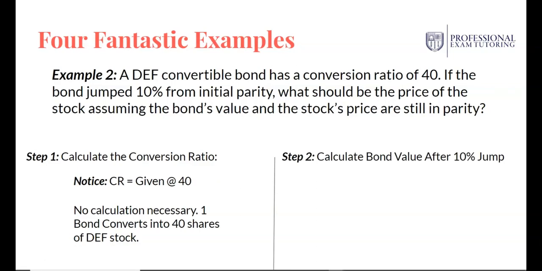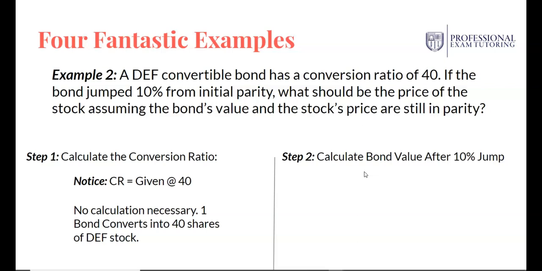Okay then, so the next part of the question, we're trying to figure out, if this bond jumped 10% from initial parity, what should the bond's value be? So step 2 is calculate the bond value after the 10% jump. If you remember what initial parity means, initial parity is where the bond's par value is divided by the conversion price.